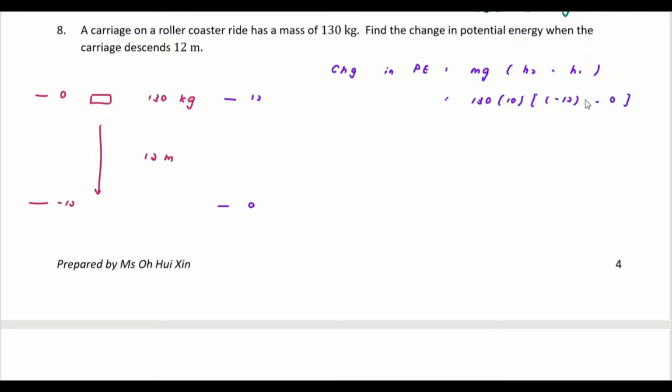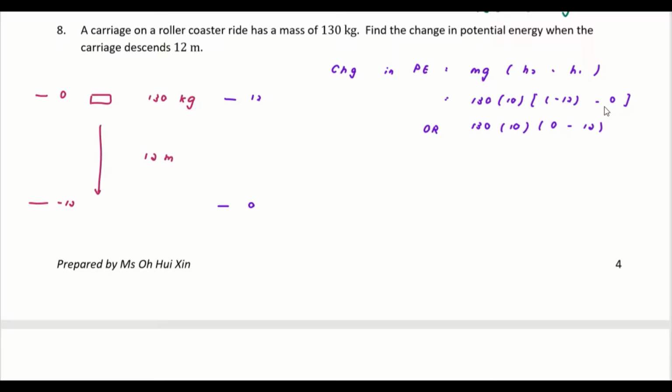Okay, so sorry, no square here. In the other case, if you are following the second approach, then what you get is 130 times g. This is your final position, right? So it's 0, then minus 12. So you see, no matter which approach you take, you're still getting negative 12 in this bracket.